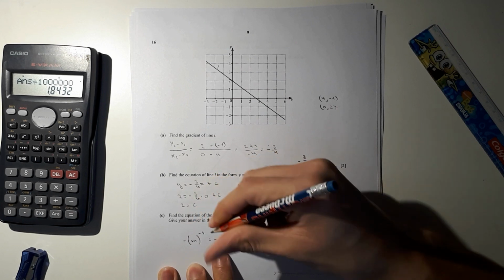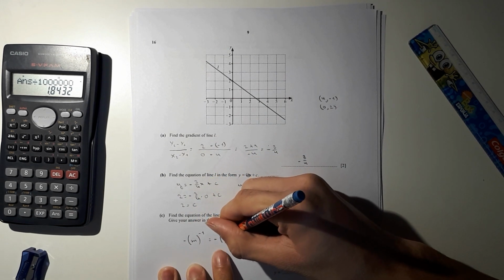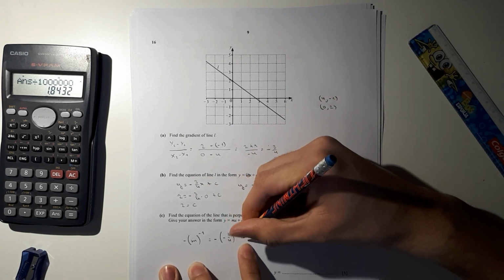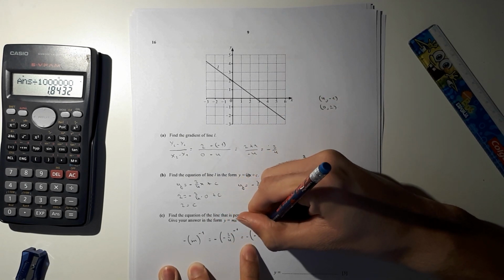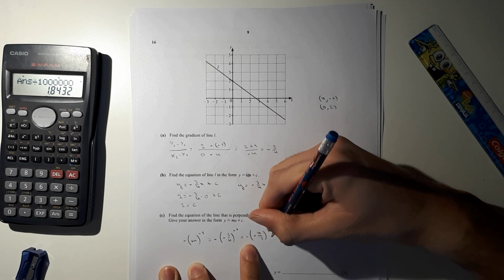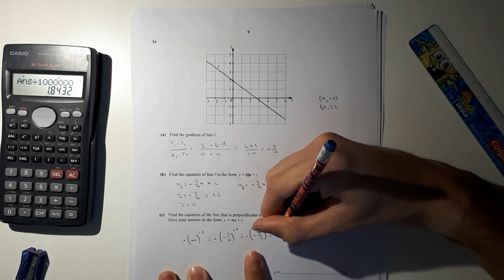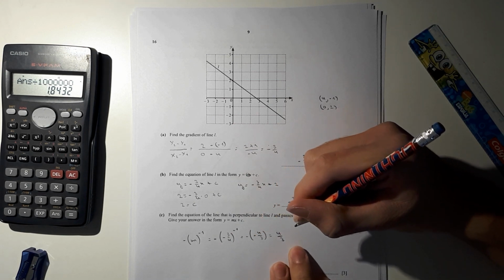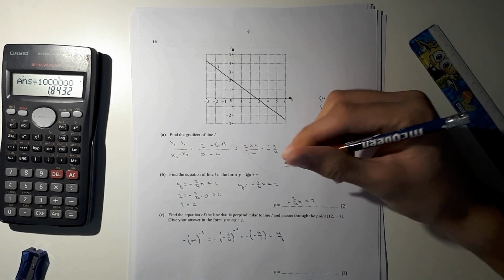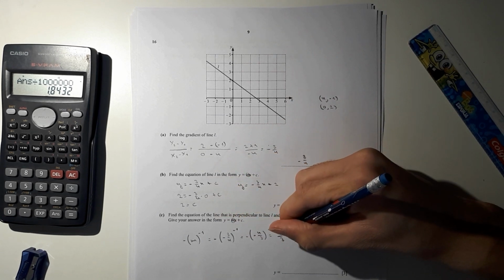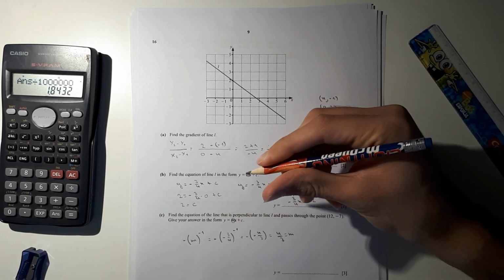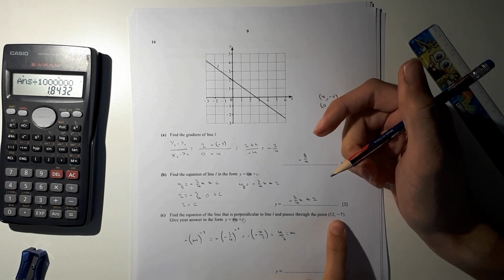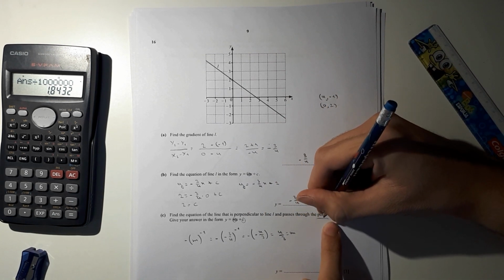So we're going to take minus 3 quarters and the reciprocal of this, and this is equal to minus 4 thirds, and with the sign change, this is equal to 4 thirds. This is the gradient, and now we have to replace with the point that is given in the question.